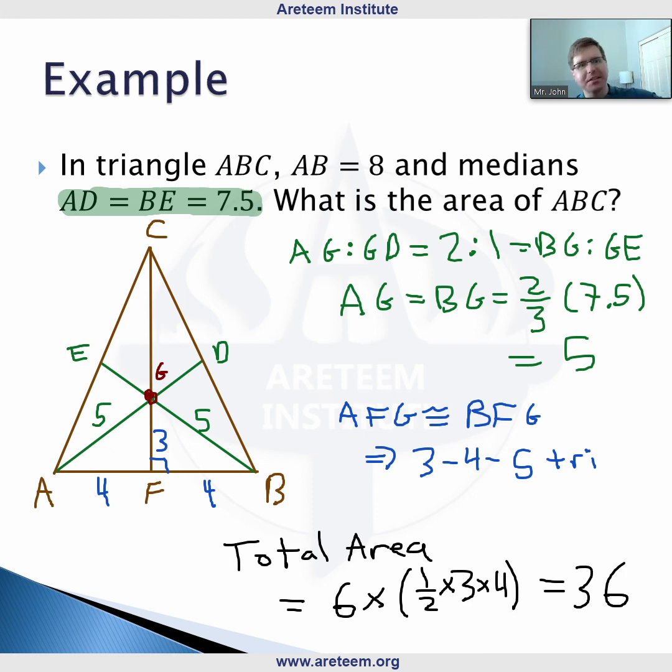Now, there's more centers out there. There's a lot more stuff you can do with centroids and incenters and circumcenters, all of those things. But just getting comfortable with centroids is a good place to start. And there's some cool problems you can solve using just these two facts that we talked about on the previous slides.